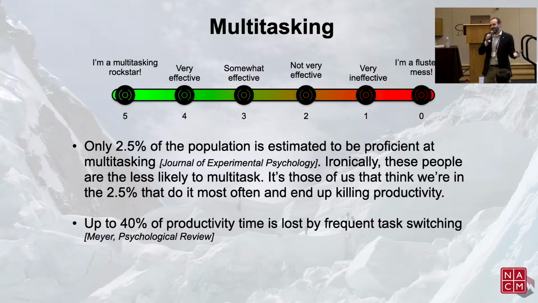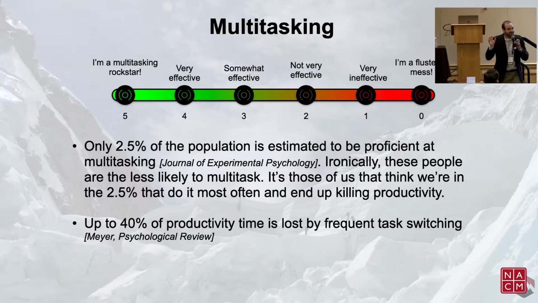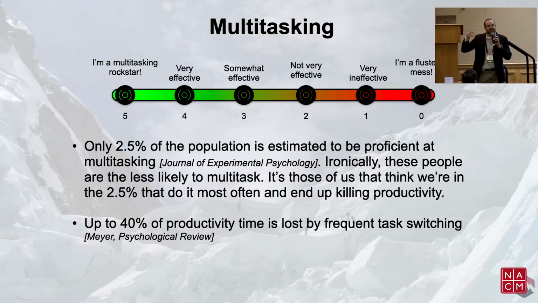They call them supertaskers. But ironically, if we think we're in that 2.5%, we probably aren't, because those that are in the 2.5% are actually the least likely to multitask, because they've determined just how much more effective it is to time block, to carve out specific periods of time in your schedule and block out the distractions.